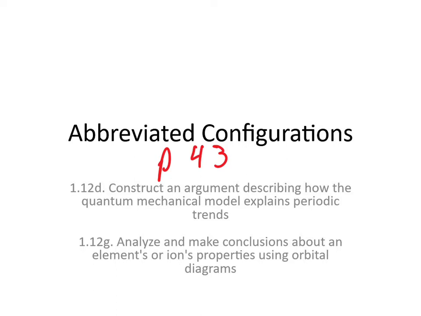Periodic trends is the next topic that we're going to be talking about, but right now we're just figuring out what these quantum mechanical models show us, and then 1.12g, analyze and make conclusions about properties based on these orbital diagrams. And so really we're just diving into these more and looking at ways that we can abbreviate these orbital diagrams and make them a little bit quicker, depending on what our needs are.